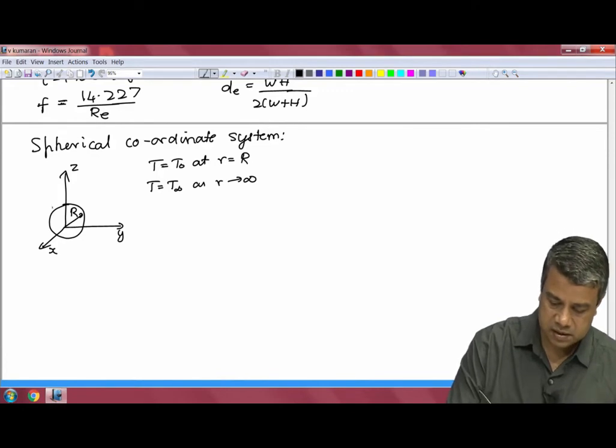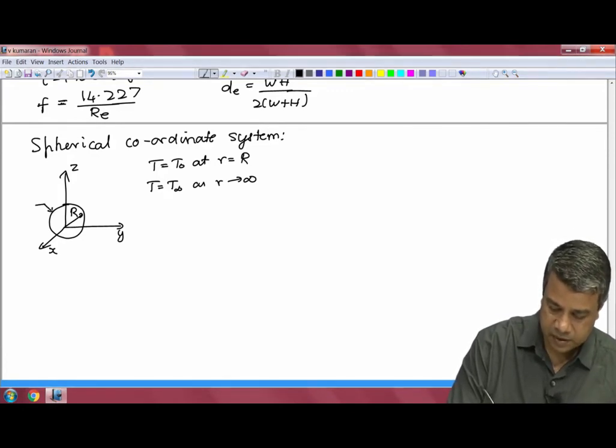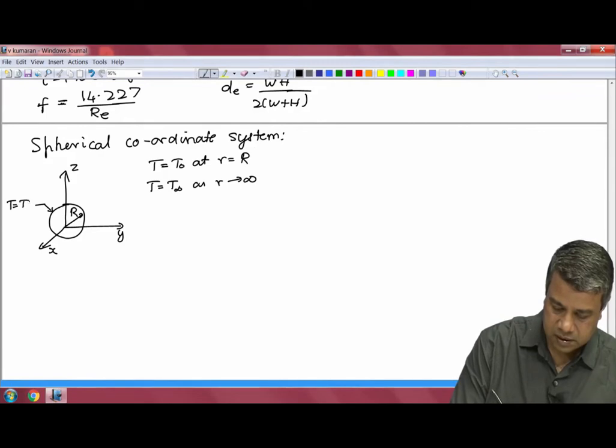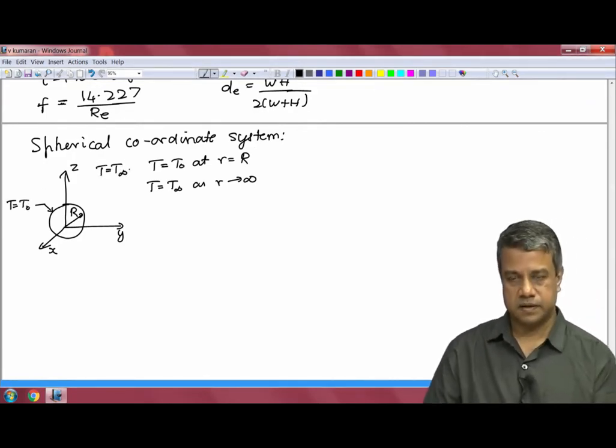The simplest case, a spherically symmetric problem where T is equal to T0 here and T equals T infinity far from the surface.